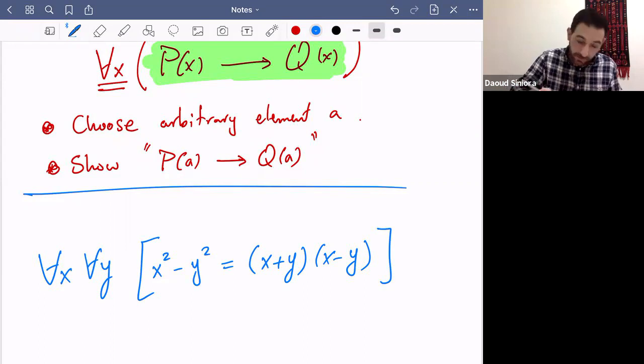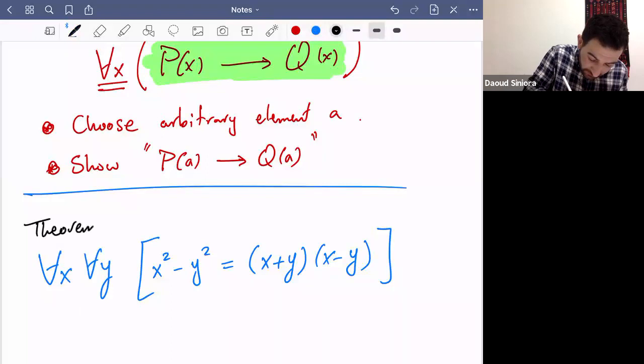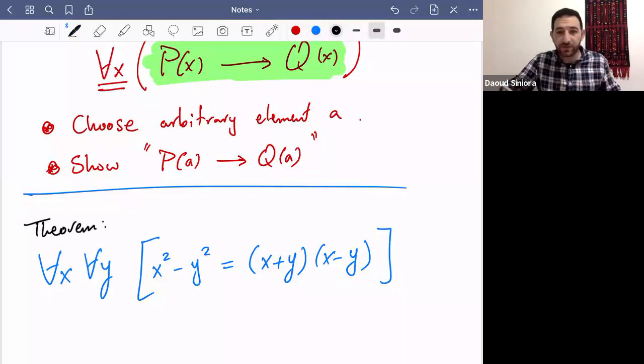Okay, this is a theorem. I'll leave it for you as an exercise to prove it. So now how would you prove this? You need to choose arbitrary element x and arbitrary element y and prove this equality. Here you will use the axioms about addition and multiplication.